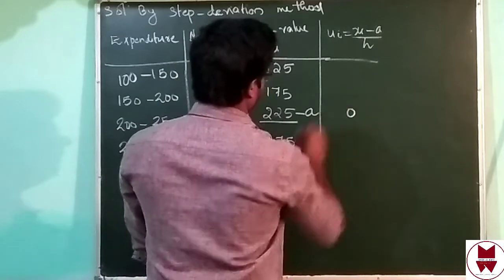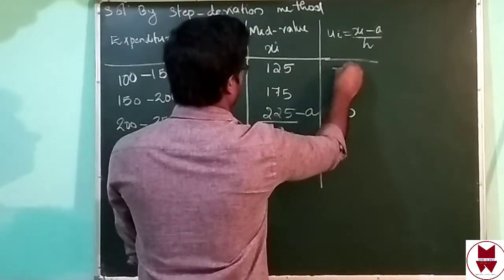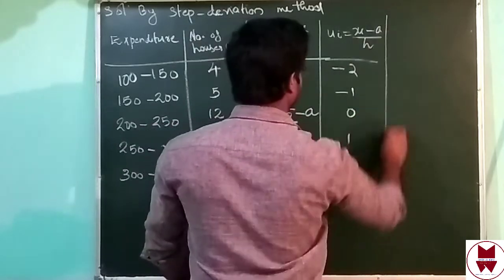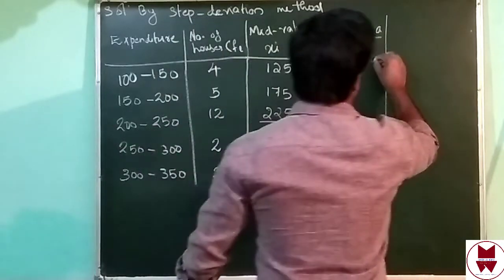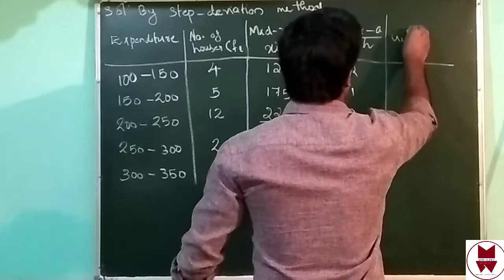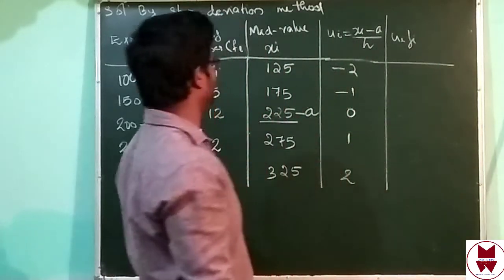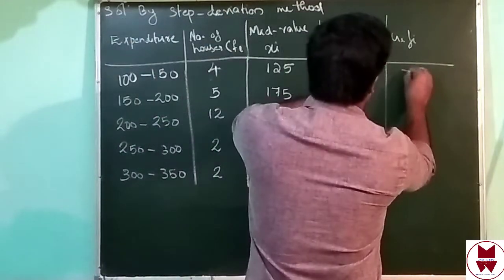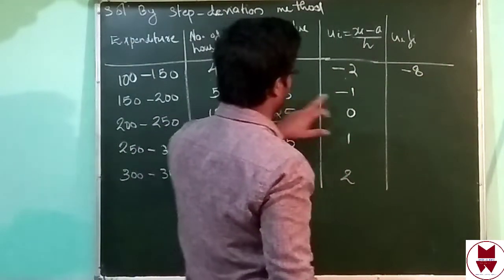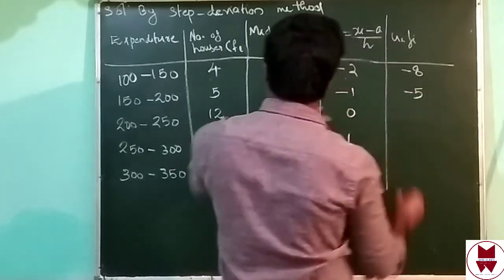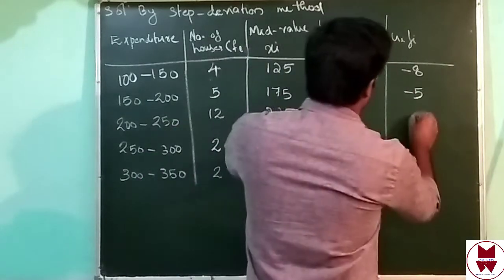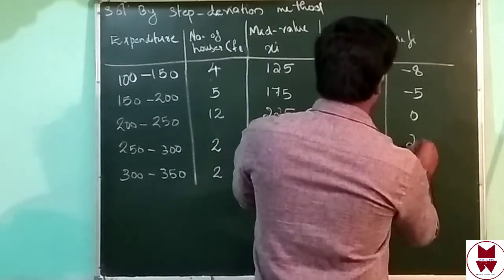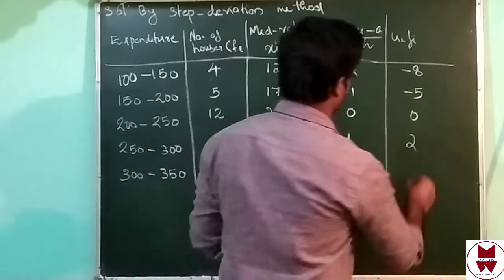Then this will be 0, then upside minus 1, minus 2. 1, 2. u_i f_i: multiply u_i and f_i, that is 4 into minus 2, minus 8. 5 into minus 1, minus 5. 12 into 0, 0. 2 into 1, 2. 2 into 2, 4.